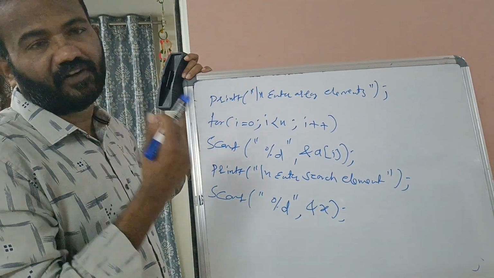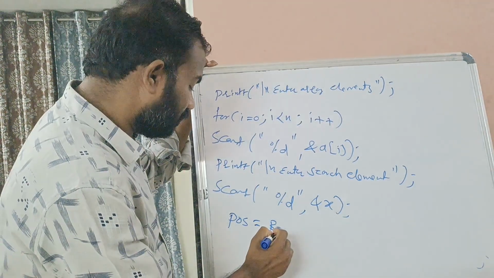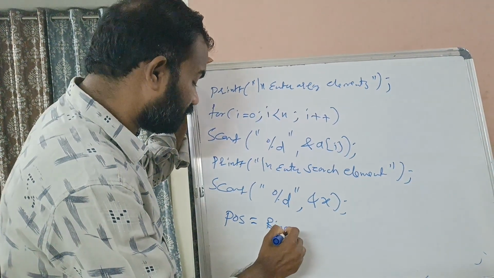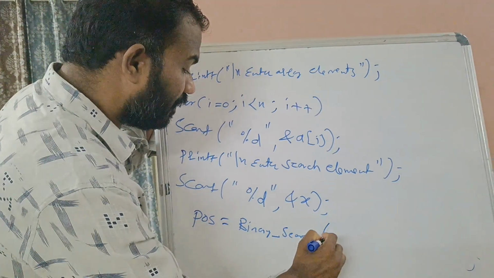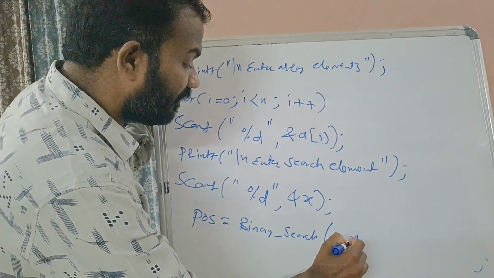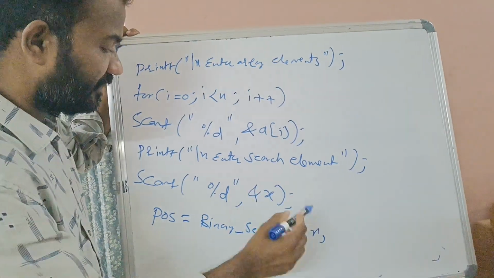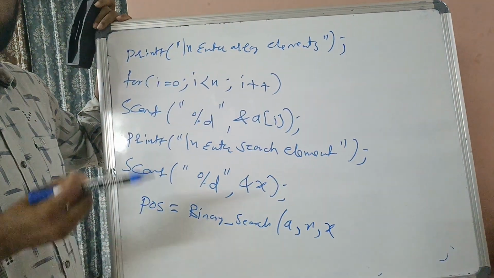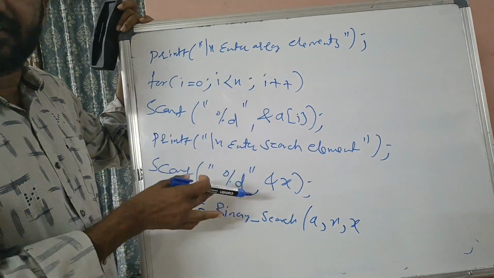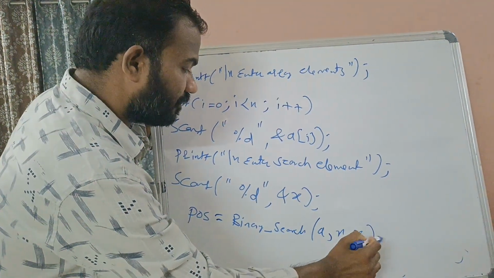Now we need to call the function binary search. Position is equal to binary search of array, number of array elements, and x. So we need to pass the array name and array size, and at the same time the search element.